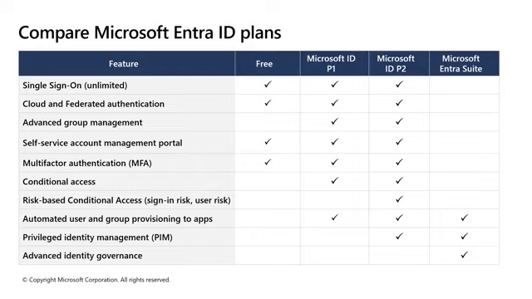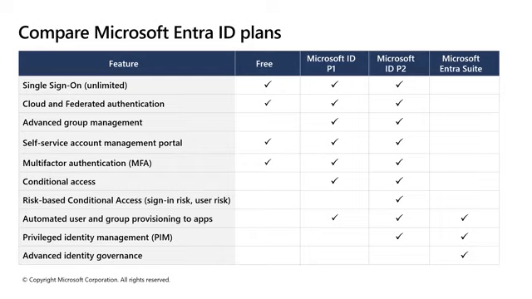However, the free plans come with limited features, such as single sign-on, catering up to 500,000 objects, and multi-factor authentication. However, they're limited with some of the features. If you're looking to enable certain other features as part of your plans, you might be looking into upgrading your plan from the free version to a Premium P1 or Premium P2.